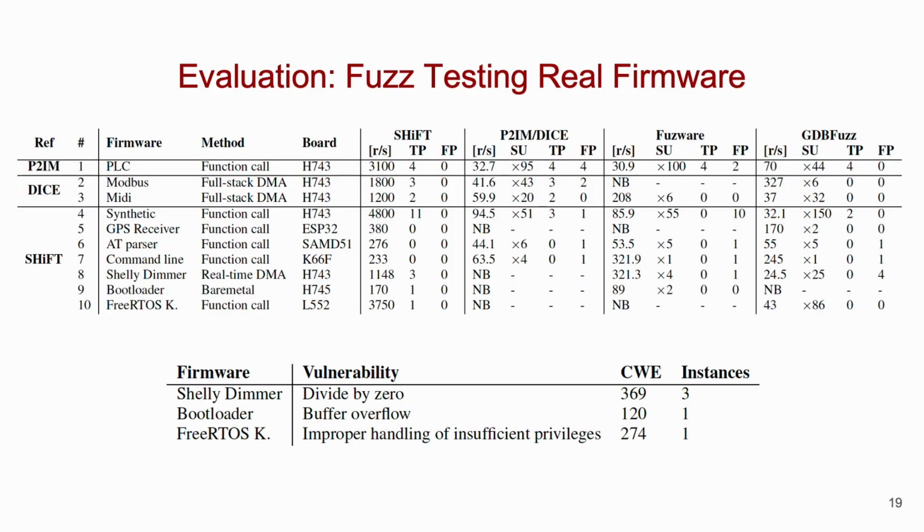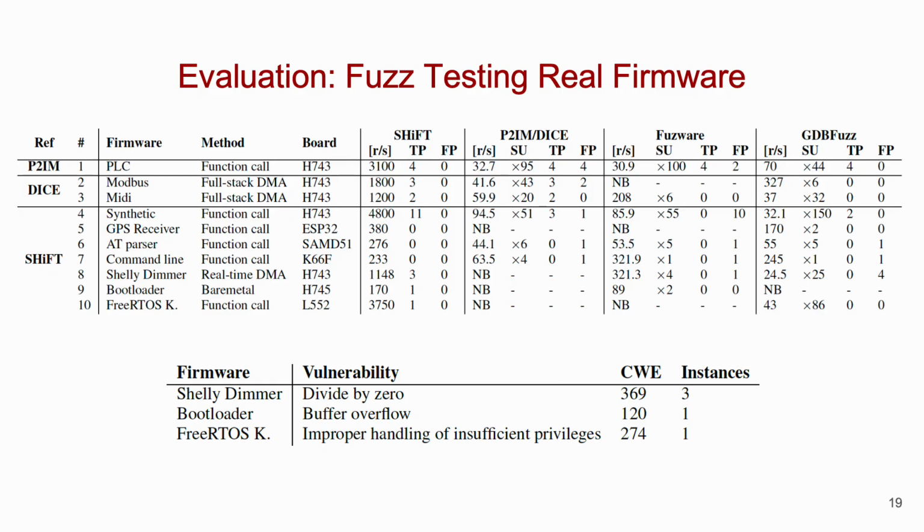As seen here, SHiFT has no false positives for the given benchmark suite, and not only does it discover all the previously discovered vulnerabilities by related works, but it also uncovers 5 previously unknown vulnerabilities.